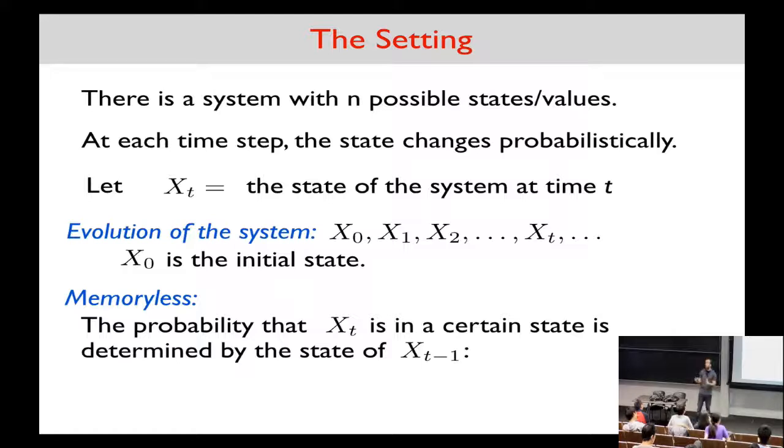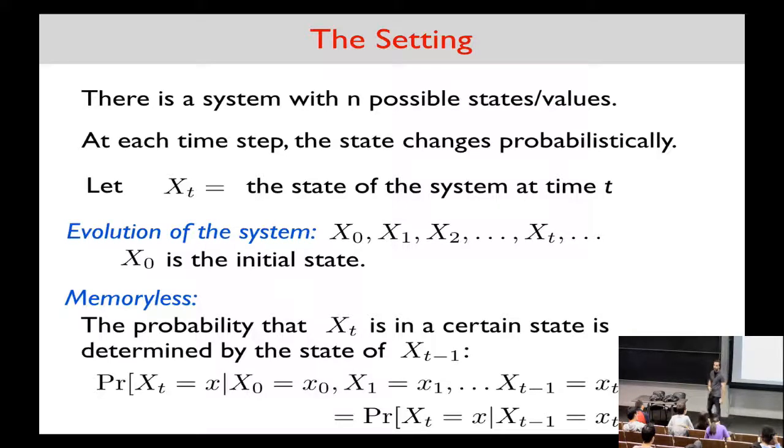So the memoryless property, how can we express it in terms of these random variables? You can say the probability that x sub t is in a certain state is determined by x sub t minus 1. If you want to be very precise about what that means, here's what it means.